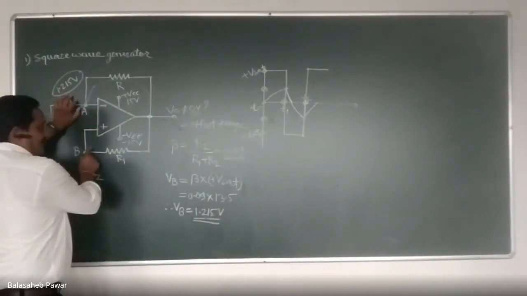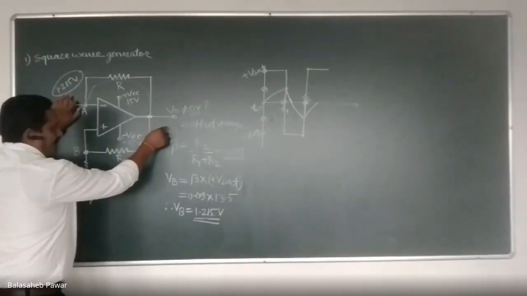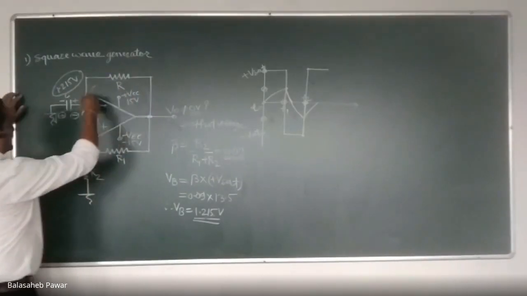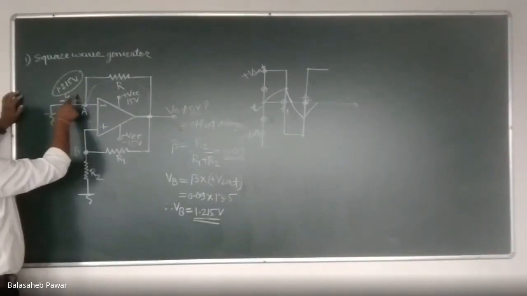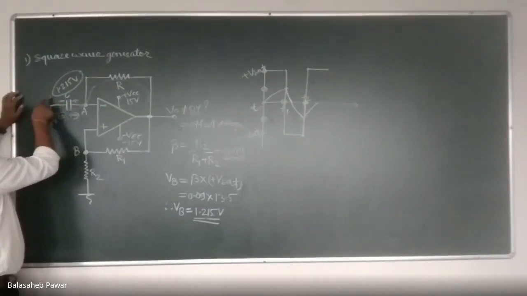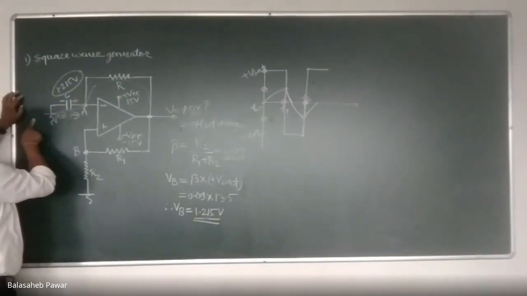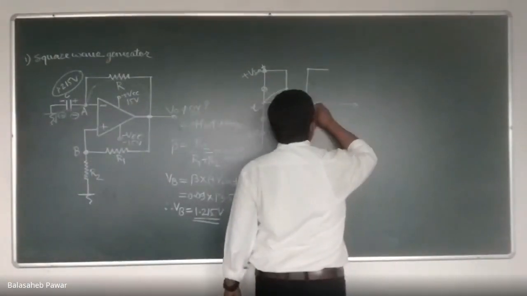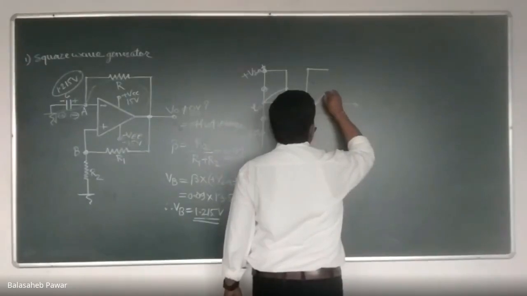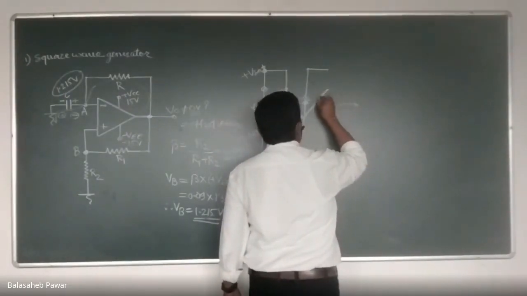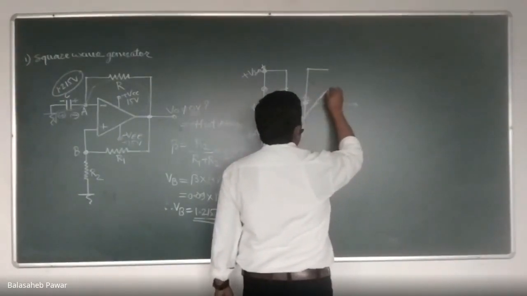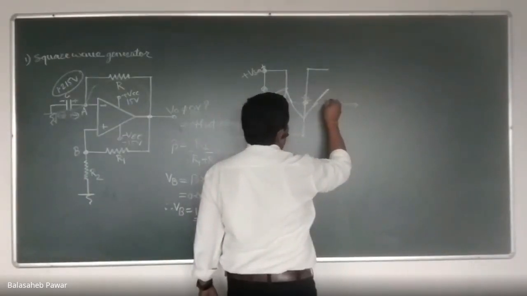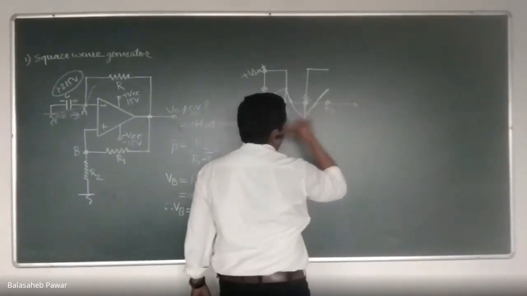But our node voltage is positive, and that's why the op amp output will remain plus Vsat. The capacitor again will start to charge as in the first condition, that is positive on top and negative towards the ground, right? And at t equals T3, that capacitor voltage will again reach 1.215 volts. This is nothing but T3, right?